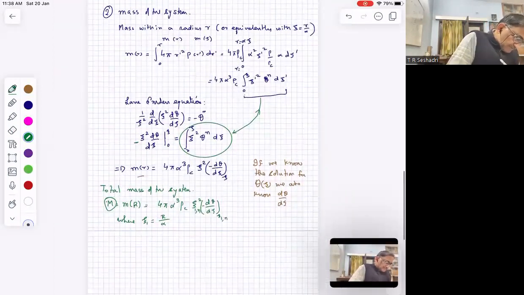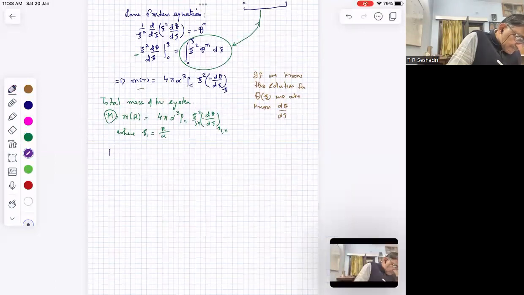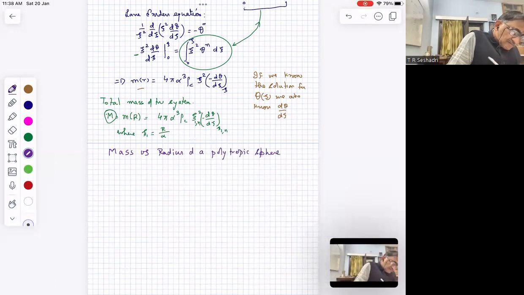Okay, so let me now go to mass versus radius of a polytropic sphere.